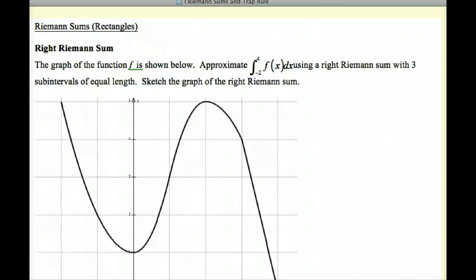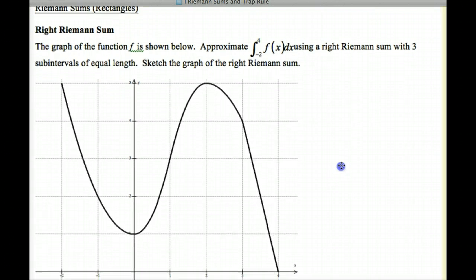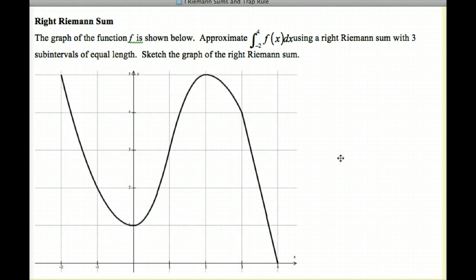So what we're going to do is draw rectangles under this curve. The first key thing is we need to find out how many rectangles we need. It's telling me I need 3 subintervals of equal length, which means I need 3 rectangles.